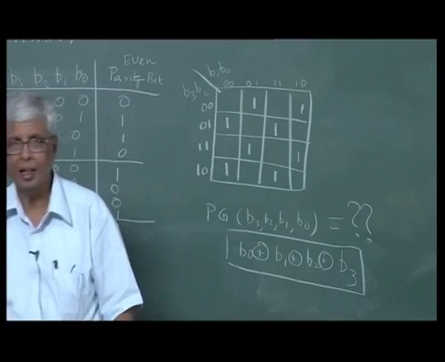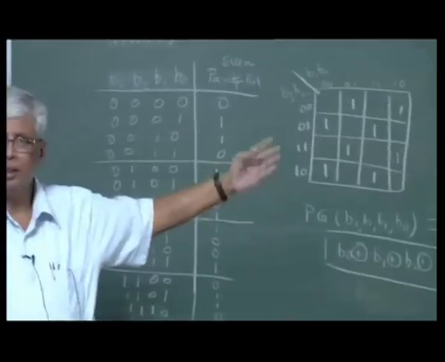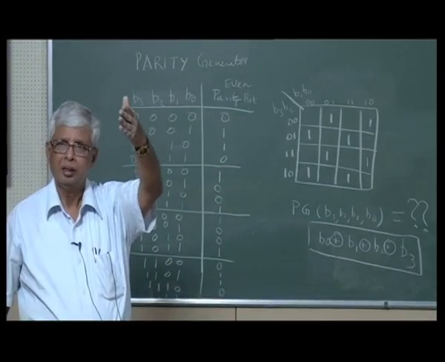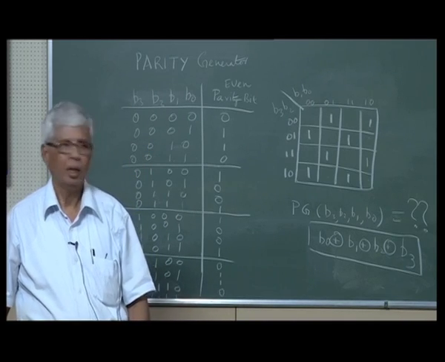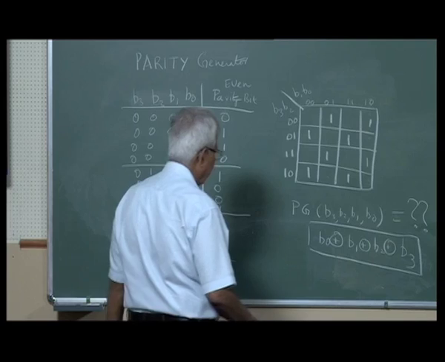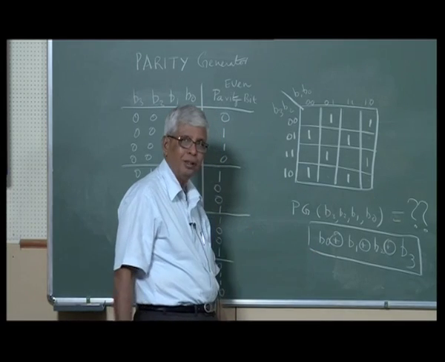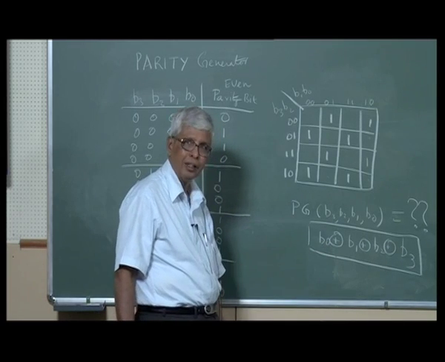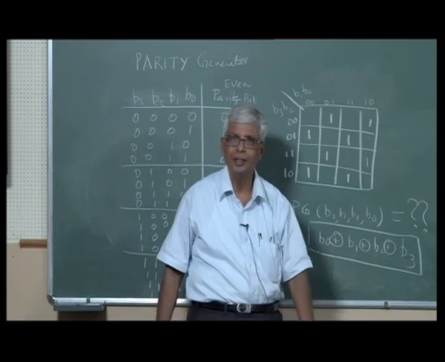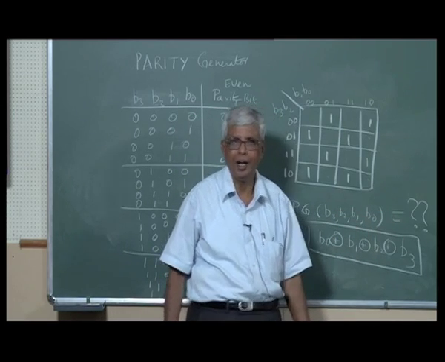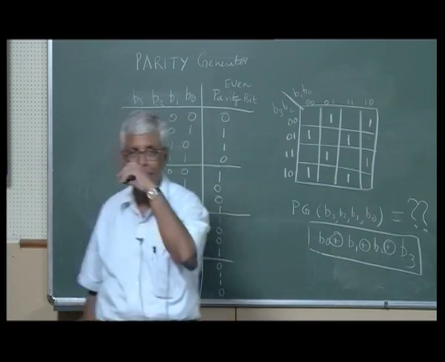Is that right? Is that what you said? Yes, sir, XOR. It's not XNOR. I didn't put XNOR, I put XOR only. Come on, man. Okay, sir, I never put XNOR there.